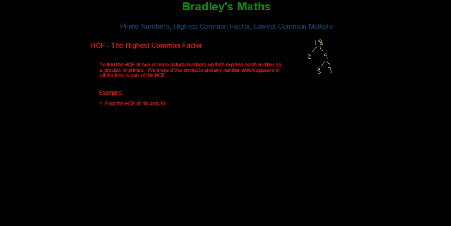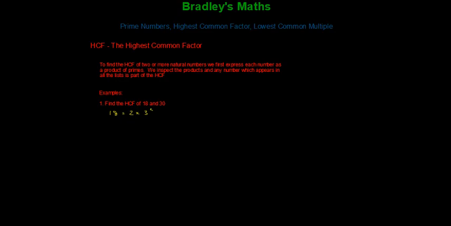All the bottoms of the branches are prime numbers, so we have 18 equals 2 times 3 squared. Okay, I'm going to erase this just so I've still got room.